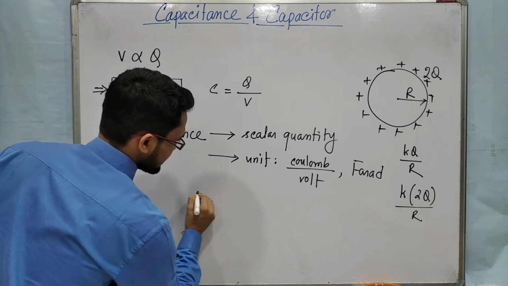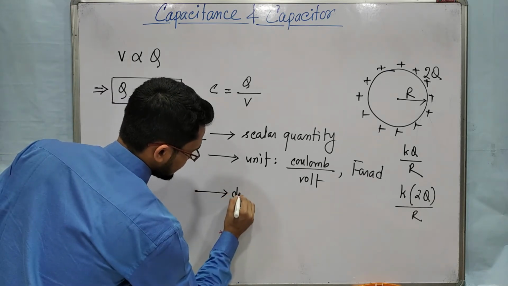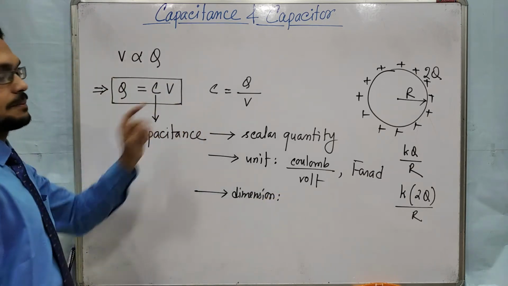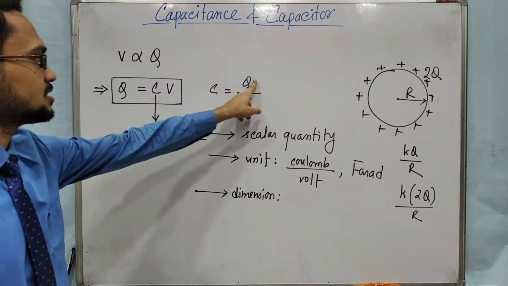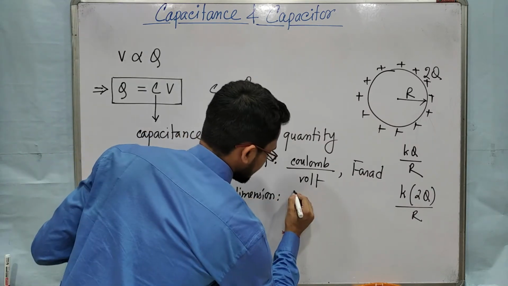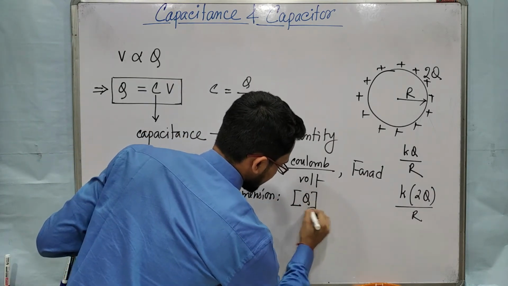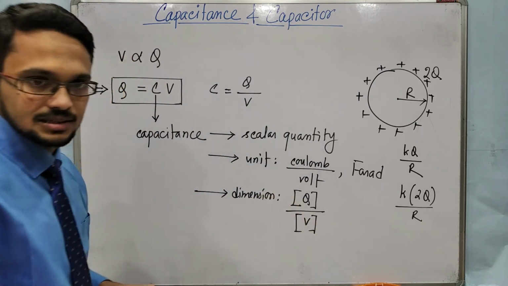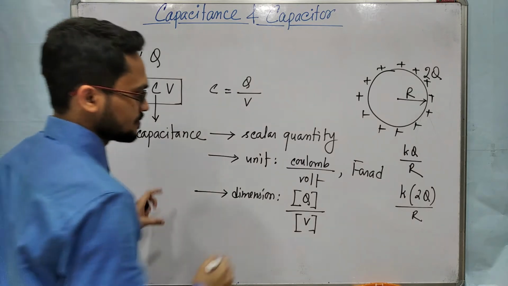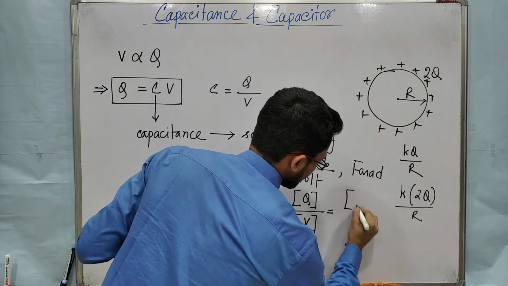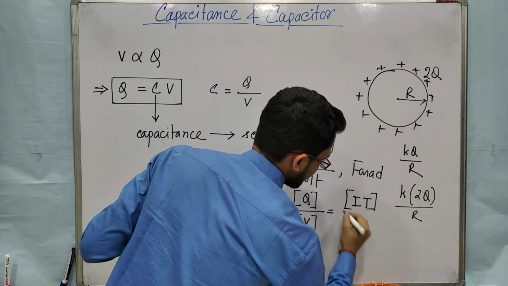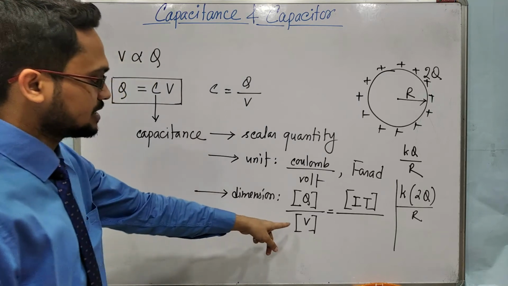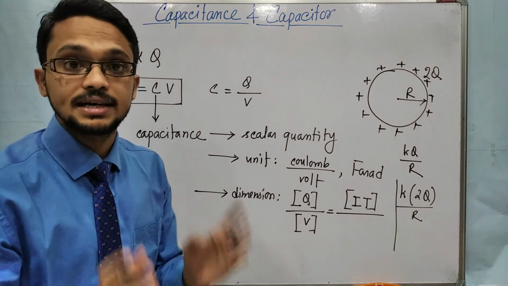Now dimension, this is a very important question. What will be the dimension of capacitance? The dimension of C means dimension of Q by dimension of V. Q means charge, and charge means current into time, so it will be I into T. And dimension of potential, potential means work done per unit charge.